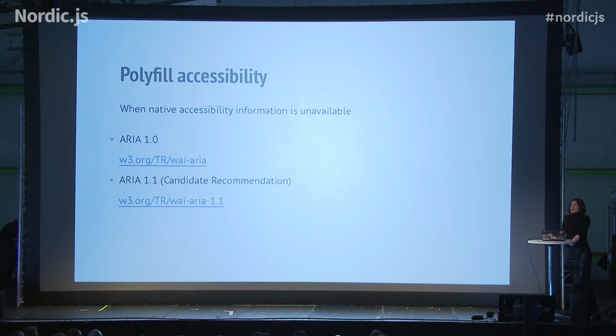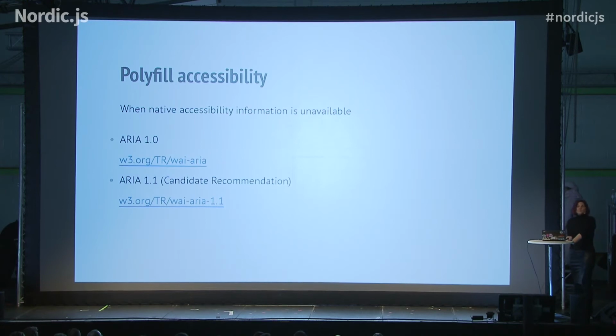So what do we do when there is no native accessibility information available? If we use native HTML elements as they're intended, all those headings, form inputs, tables, and all the rest of it, we get a lot of accessibility information for free. But we live in days of JavaScript frameworks where quite often we're repurposing divs and spans to recreate old native HTML elements, or we're creating custom components or even custom elements that don't have any native accessibility information available.